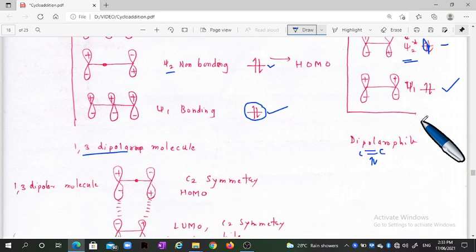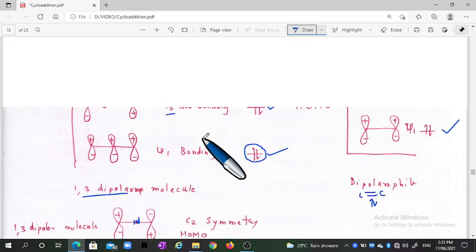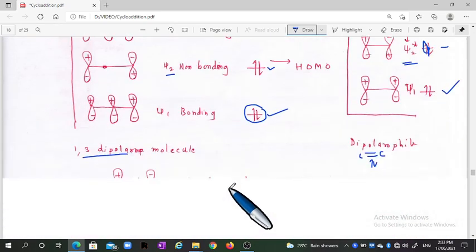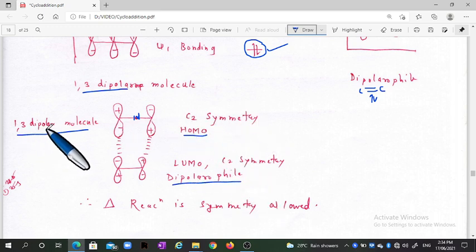Here we have drawn this. At the center there is a nitrogen, and that is the HOMO for the 1,3 dipolar molecule, and this is the LUMO of the dipolarophile molecule. When we consider the HOMO of the 1,3 dipolar molecule, it has C2 symmetry, and when we consider the LUMO of the dipolarophile molecule, it also has the C2 symmetry.